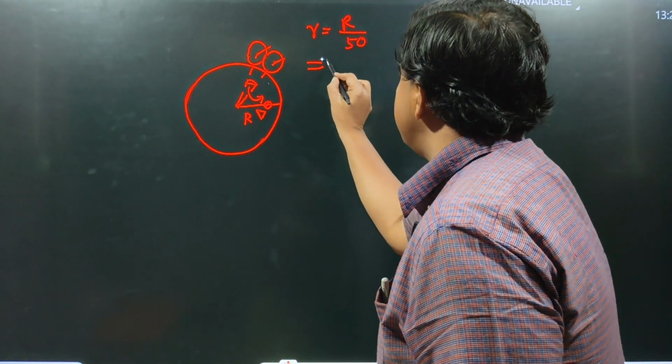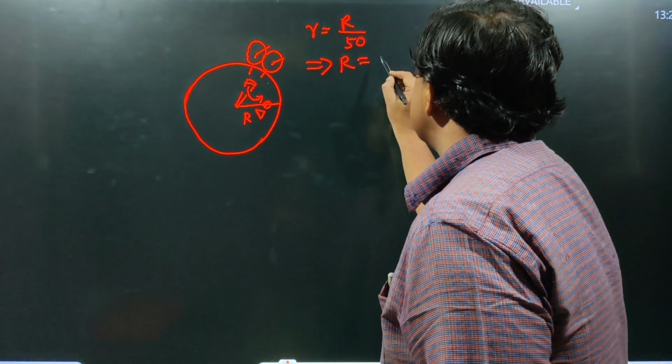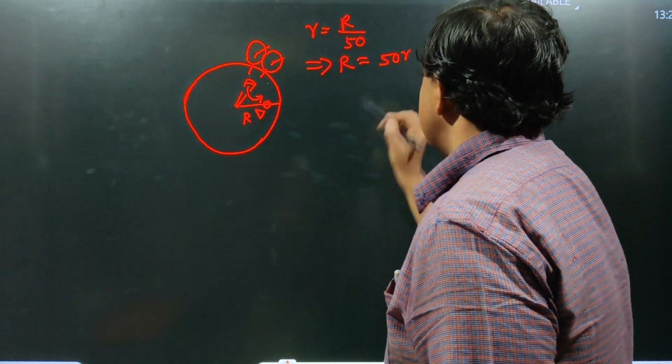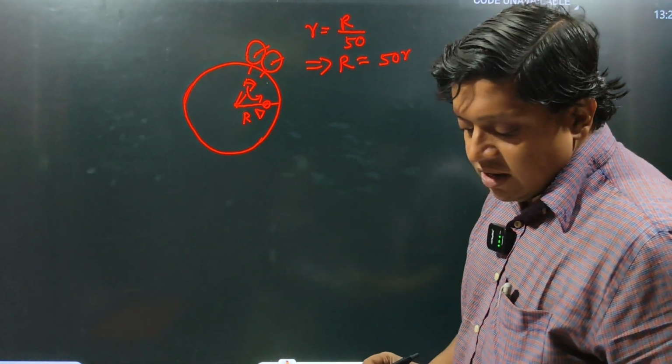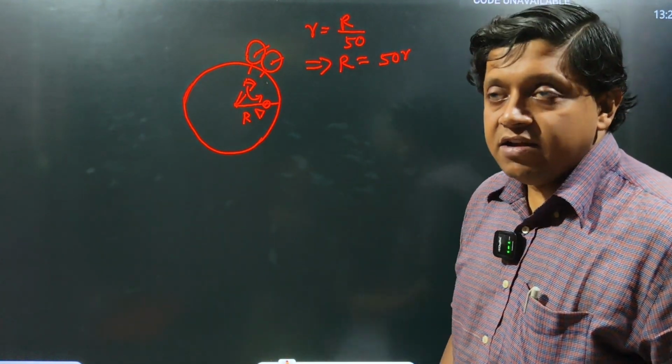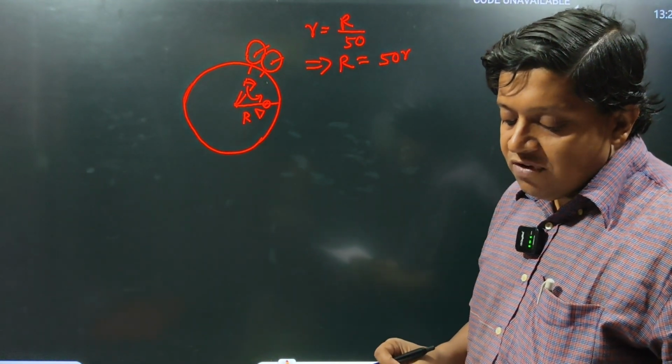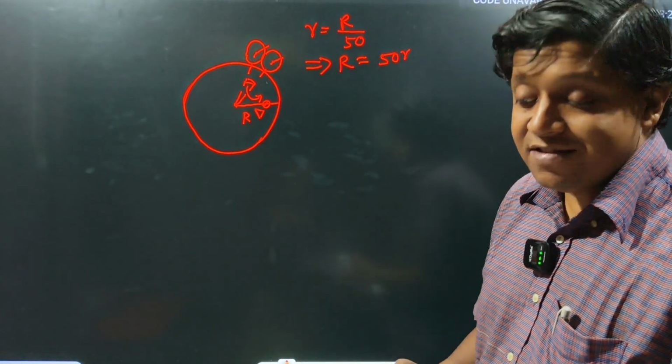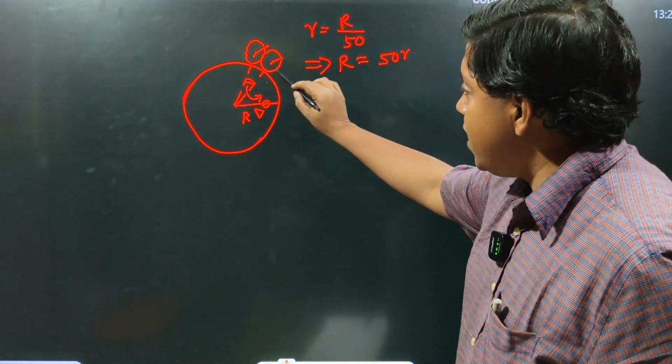So this easily implies... Now the centers of the smaller disks move along a circular path of what radius? Just try to find it out.